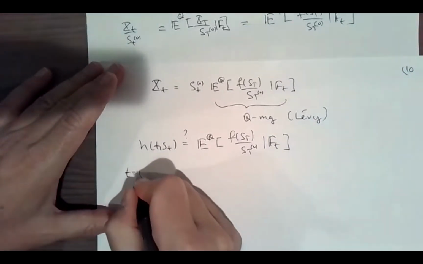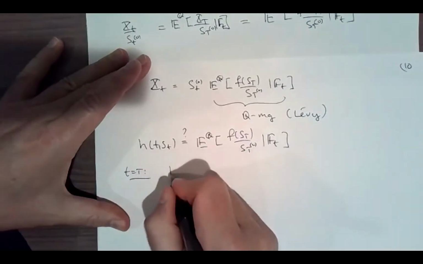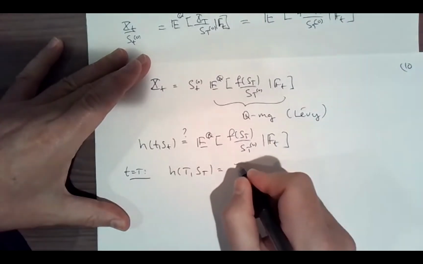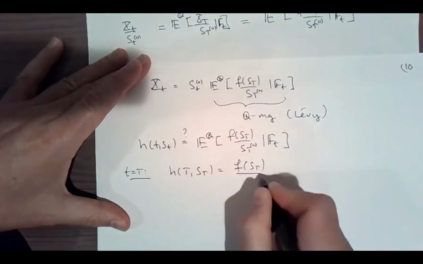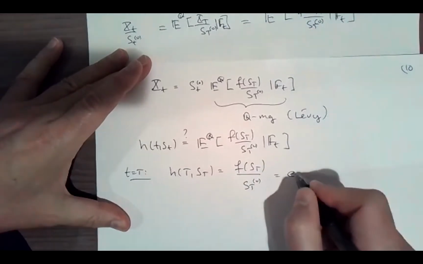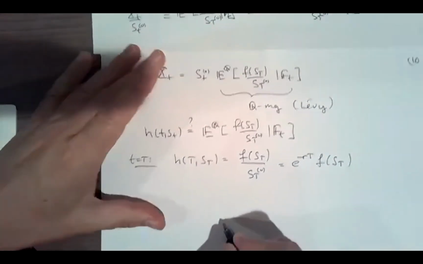So first we put t to be capital T. Then we're going to get h(T, S_T) is equal to f(S_T) divided by S^0_T. Right, this is equal to e to the minus rT f(S_T).